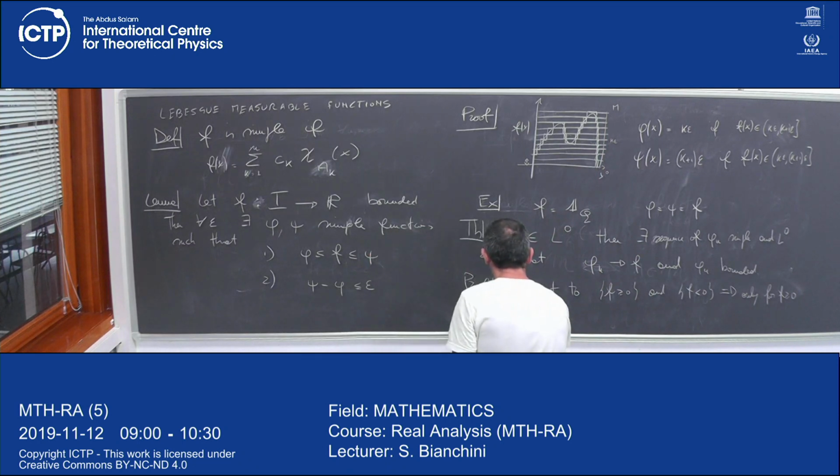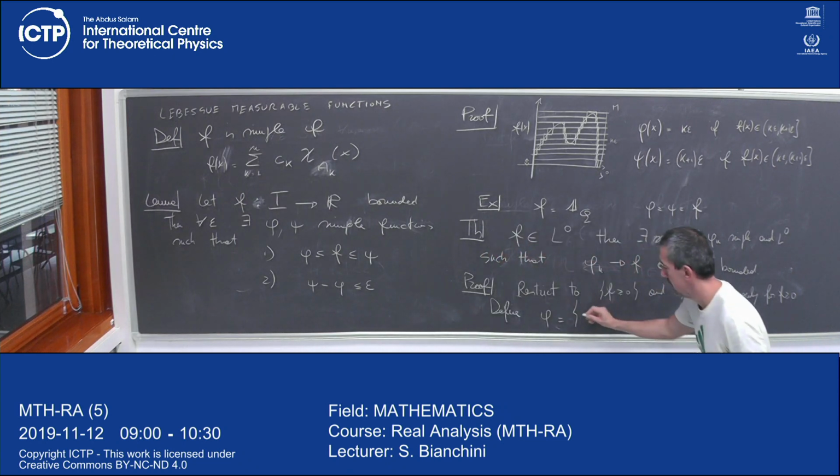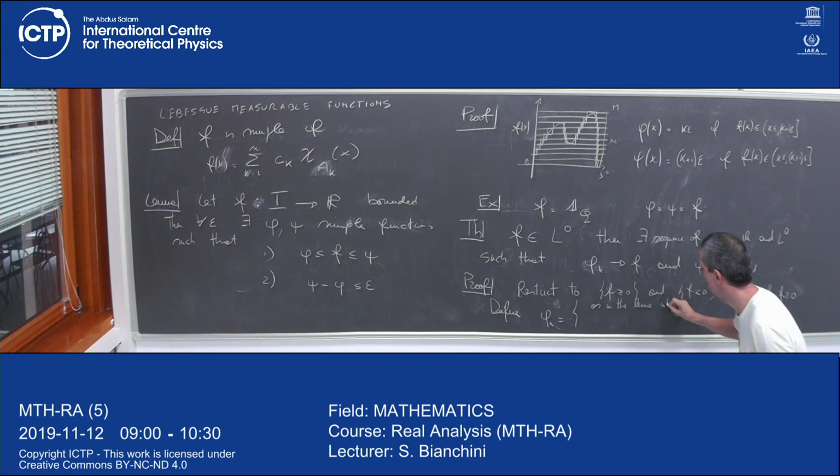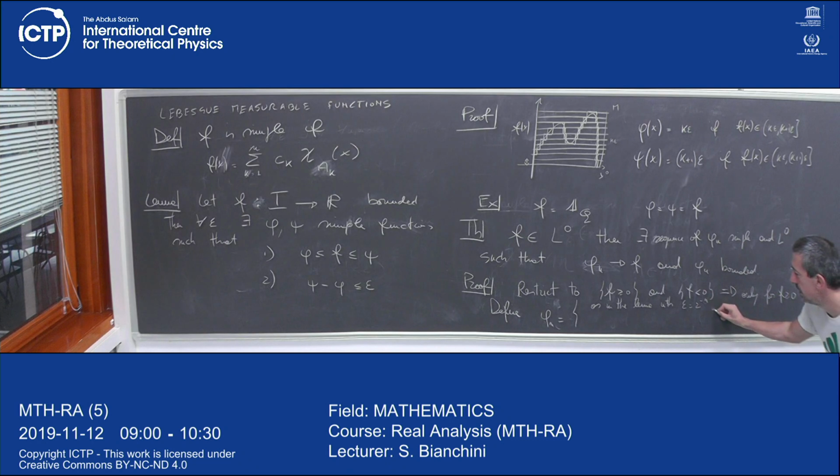So define phi n as in the lemma, with epsilon equal to 2 to the minus n, in the set f less than 2 to the n.